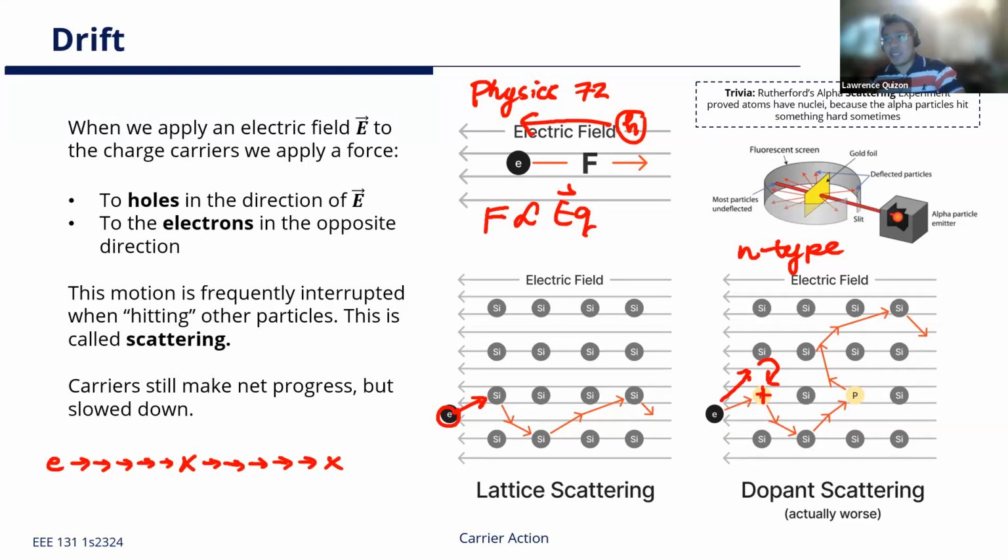The electron is attracted to the phosphorus. Which means that effectively, mas likely na tumama yung electron sa phosphorus kaysa sa silicon. So dopant scattering is actually worse than lattice scattering. And those are the two types of scattering.